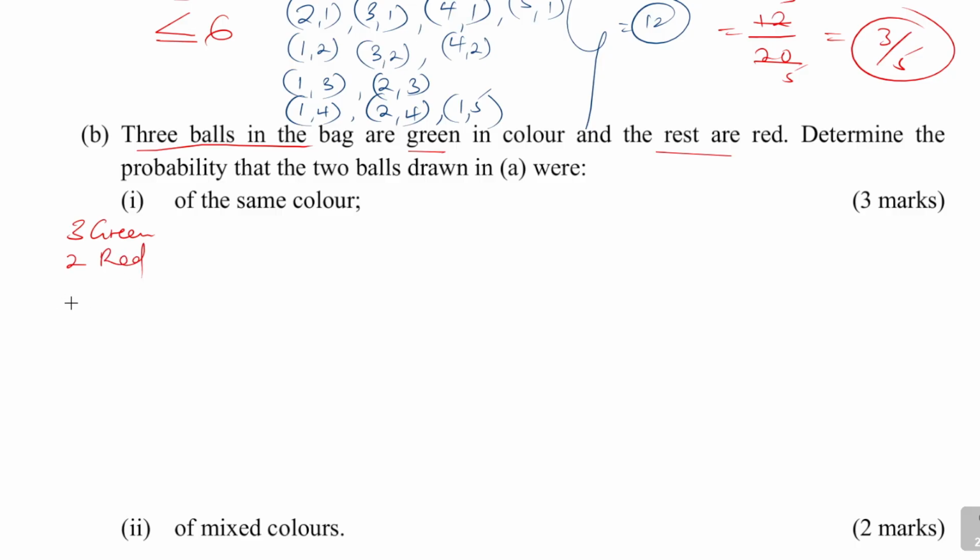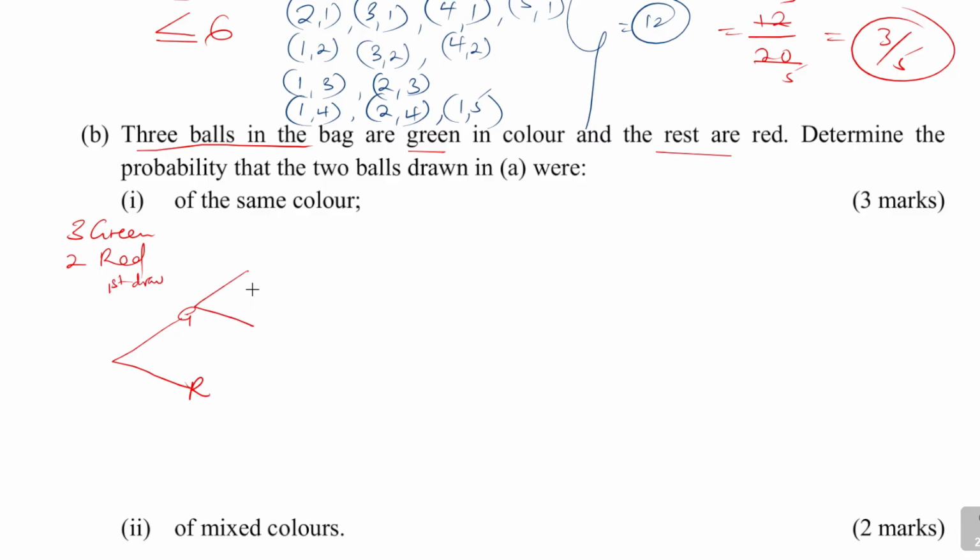Determine the probability that the 2 balls drawn were of the same color. We are going to draw a tree diagram to represent these. This one will represent the first draw. So we have green, we have red. That branch represents the first draw.